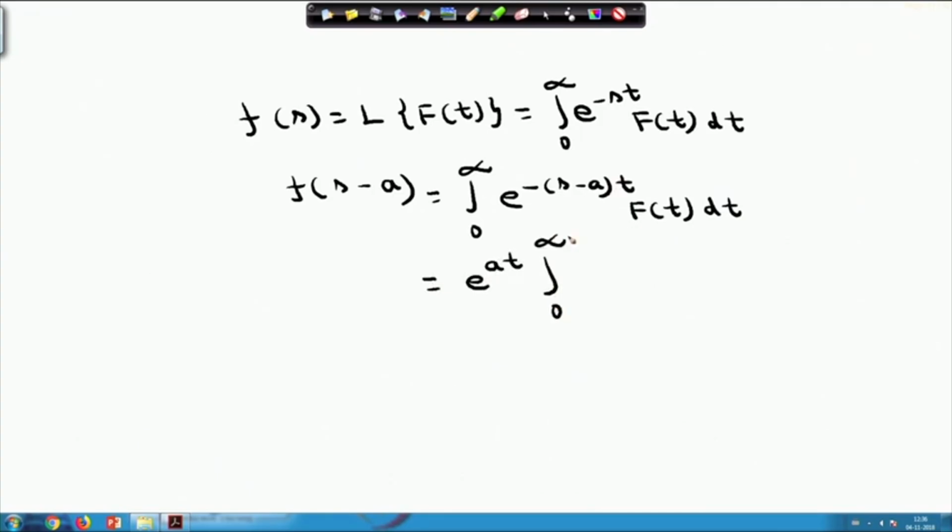Sorry, I cannot bring it outside the integral, because t is there. So, I can write it as the integral from 0 to infinity of e^(-st) into e^(at) f(t) dt.